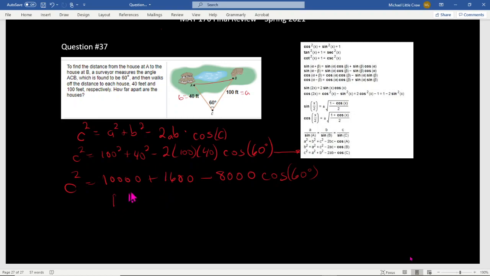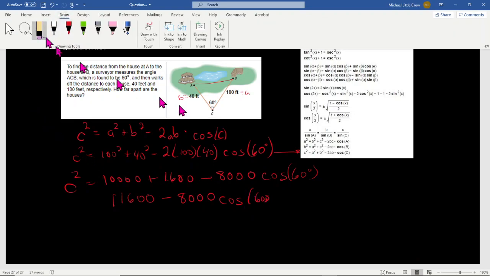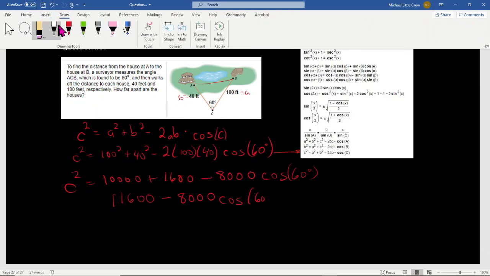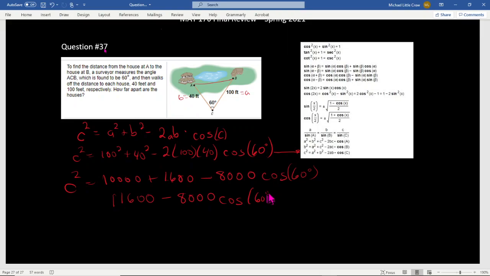It becomes 10,000 plus 1,600 minus 8,000 times the cosine of 60 degrees. And that's what c squared is.